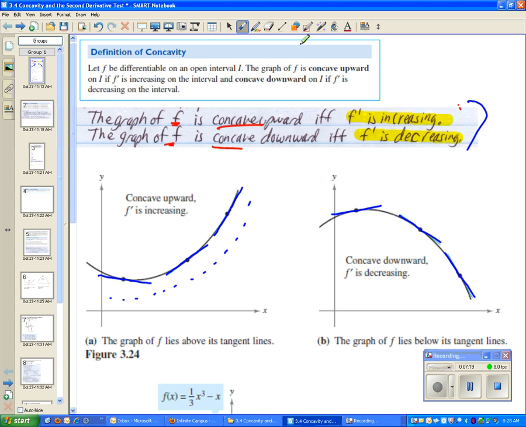It's positive. All right, let's look at the second one. If F is decreasing, its derivative is negative. So if F prime is decreasing, the second derivative is negative. So when a function is concave down, what's the sign of the second derivative? Negative.